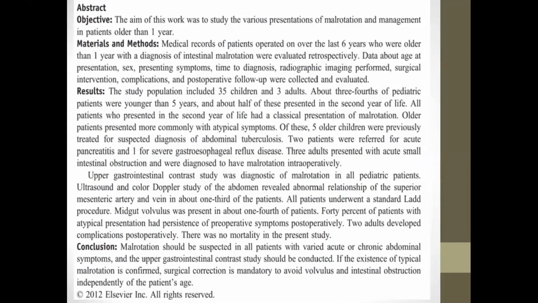clinical presentation. Interestingly, they found that 5 of these patients were treated as TB because TB is endemic in this area. These patients had congested bowel, enlarged mesenteric lymph nodes, and ascites. After referral to a surgeon, they did an upper GI contrast study, found malrotation, and the patients improved after surgery.